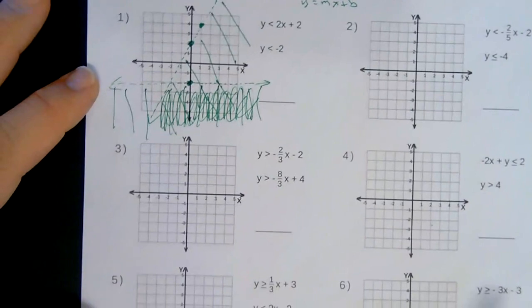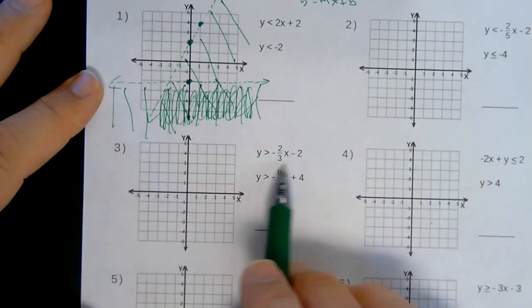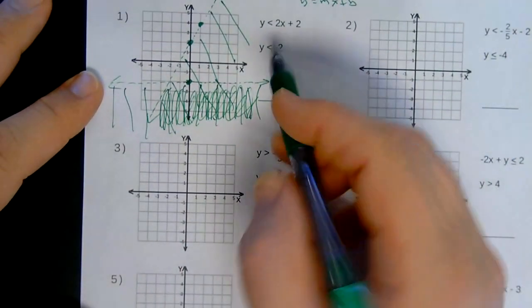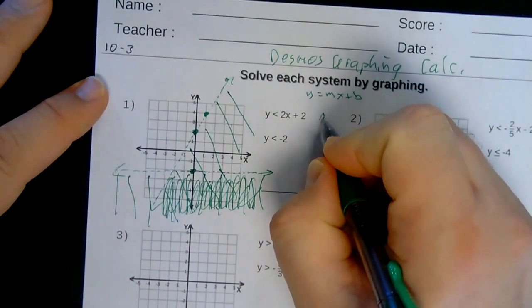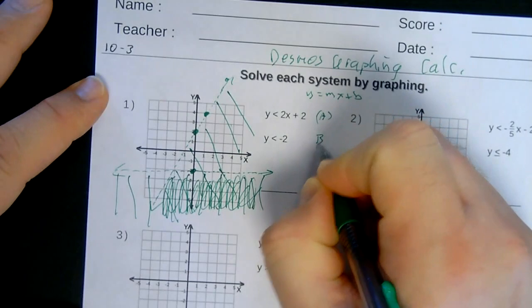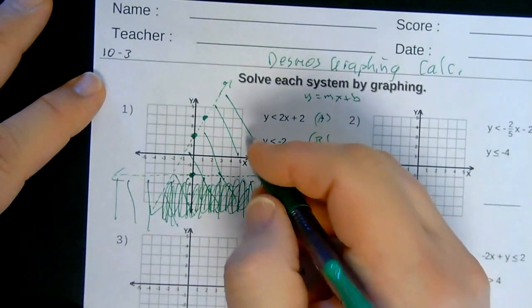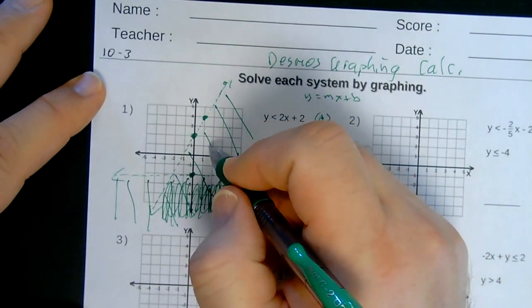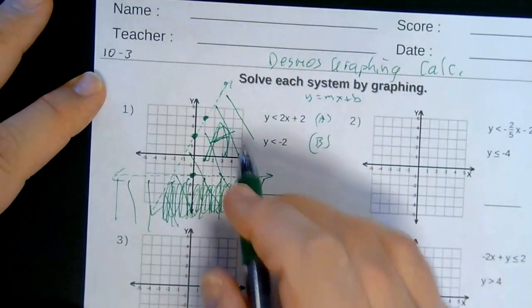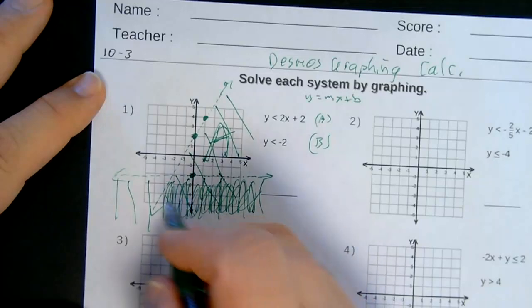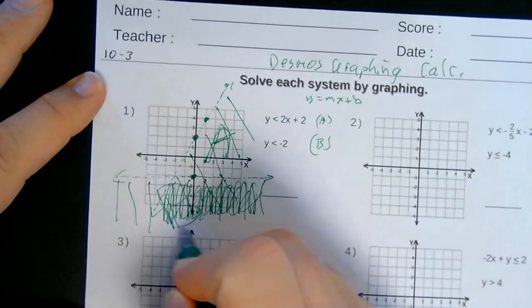Okay, going on to number 3. Just a little side note: if I label these A and B, this is part A, way up here. Everything's part A, and then part B is everything down below.